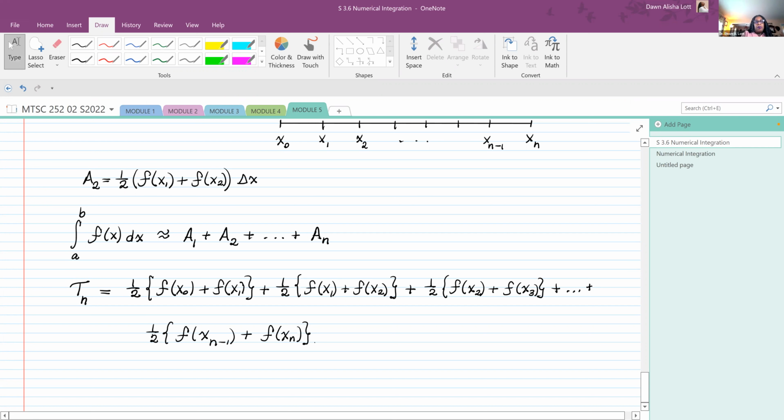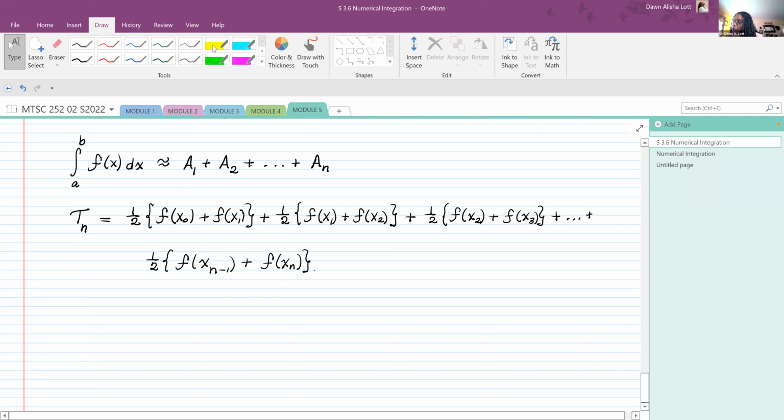So now let's look at my formula. Notice that f of x1 appears here and here, so it appears twice. f of x2 appears here and it appears here, so it appears twice. f of x3 is going to appear twice.